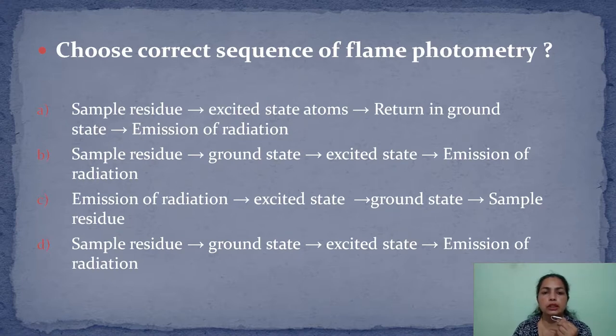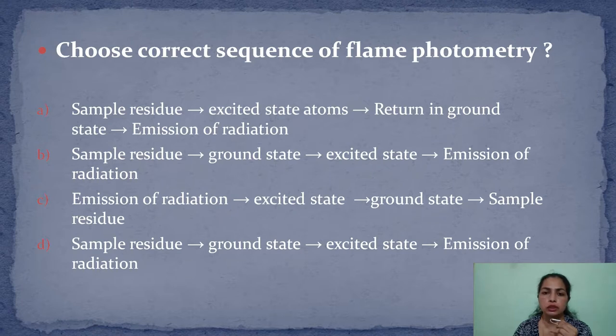Then the next question is we have to identify the correct sequence of flame photometry. This is about the steps involved in the procedure. As we have seen just now in the principle, we take the sample and put it in the flame, and due to the thermal energy, the sample molecules get converted into the form of residue while the solvent gets evaporated, and those residues are further decomposed and dissociated in the form of atoms, and they absorb the thermal energy and move from ground state to excited state.